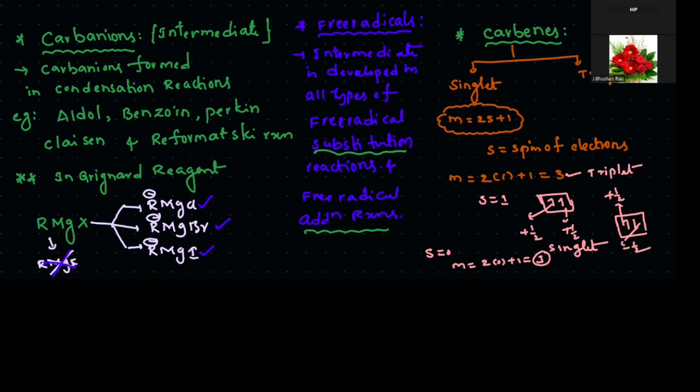Now, singlet and triplet, which one is more stable? And the representation of the two molecules also I will explain now. Next, carbene molecules. The representation of carbene is CH2. It has one lone pair. This is the empty orbital. This kind of representation is called carbene intermediate.